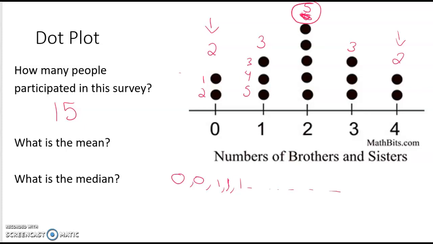The mean and the median are the same in this situation, because if you knock out these 2 and these 2, these 3 and these 3, you're going to find the median is this one. And if you add up all of these numbers and divide by the 15, you're going to find that the mean, or the average, is also in the middle. So in this case, the mean is going to be 5, and the median is also going to be 5.